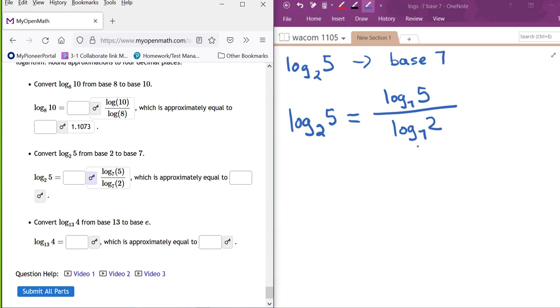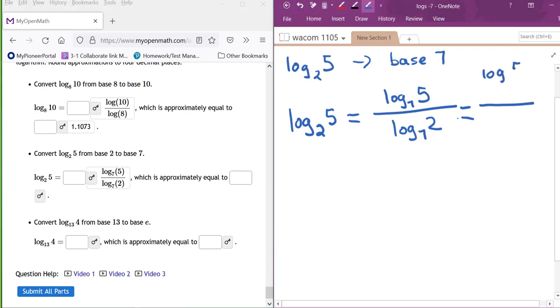But to evaluate it, you need to change this to base 10 or base E, because that's what's in the calculator. So if we do this top one, if we change it to base 10, we're going to make a complex fraction. We would do log 5, except now we're doing base 10, over log 7. And this one will be log of 2 over log of 7.